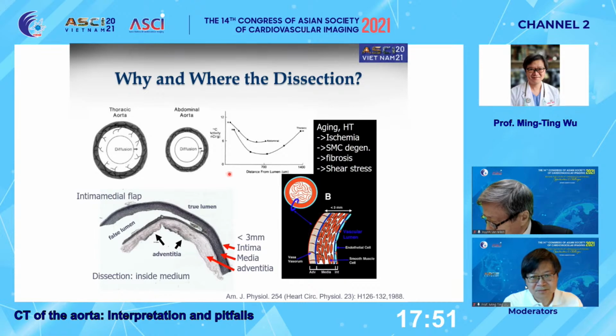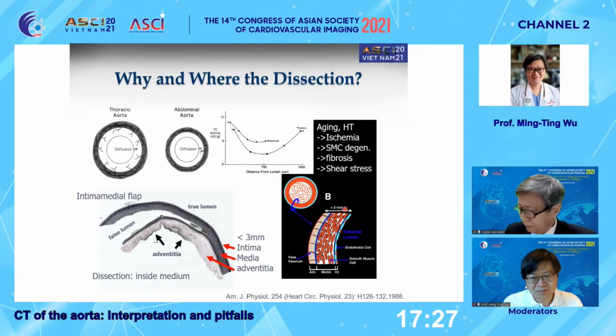Let's think about why and where the aortic dissection occurs. This is histology. We can find the intima is a very thin endothelium. The media is thick and has smooth muscle cells. The adventitia has vasa vasorum.